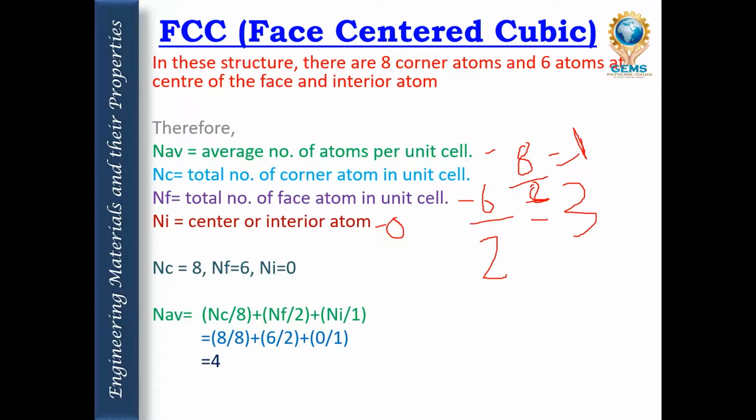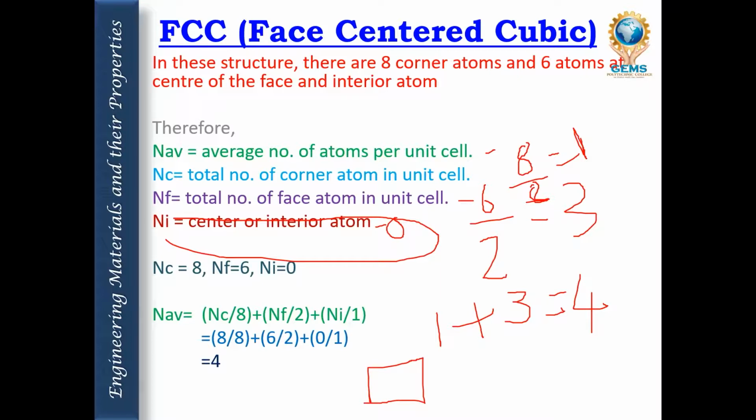So basically 1 plus 3, which is equal to 4. And because there is no center atom, it is directly taken as 4. That means this is the calculation of the average number of atoms per unit cell. So in a unit cell, how many atoms are there? Only 4 atoms.